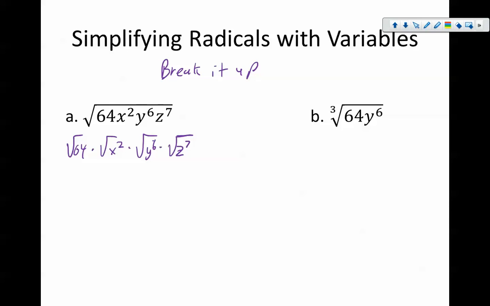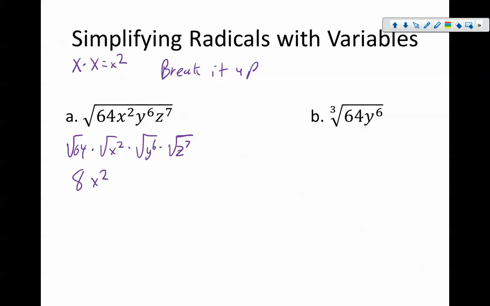So we go through. What's the square root of 64? 8. What's the square root of x squared? Ooh, so remember, what number times itself is x squared? Well, x times x is x squared. So x, when we multiply it by itself, makes x squared.